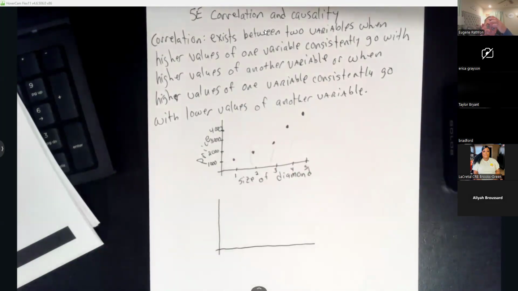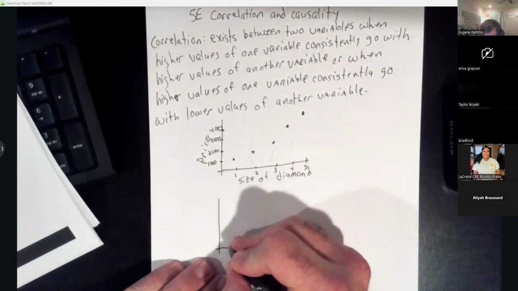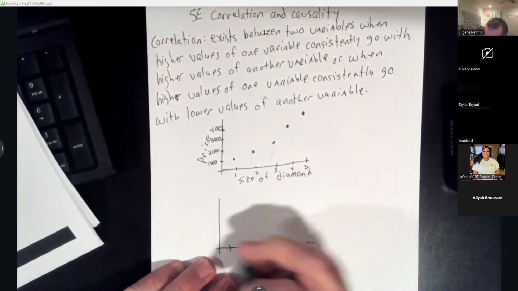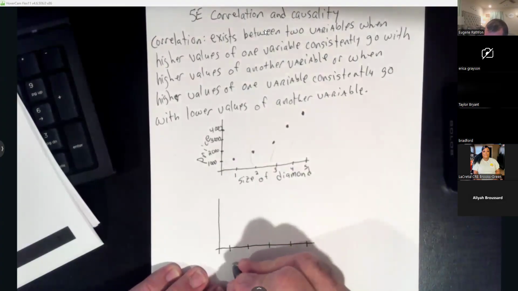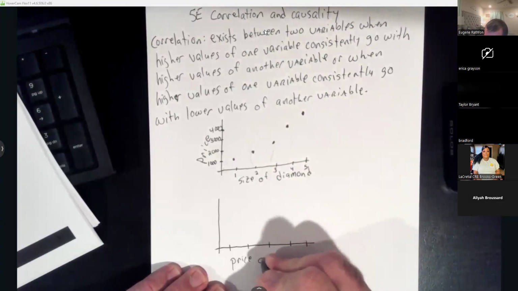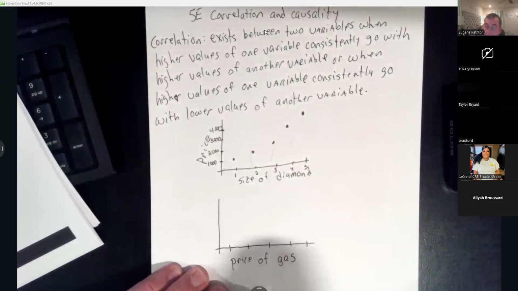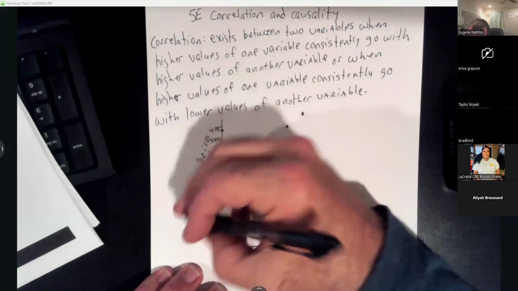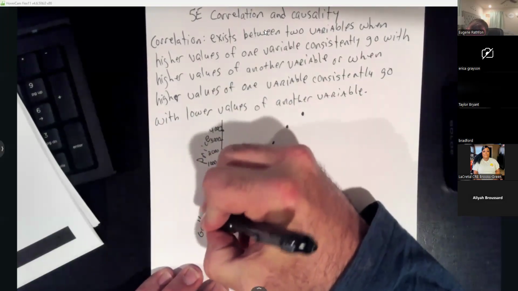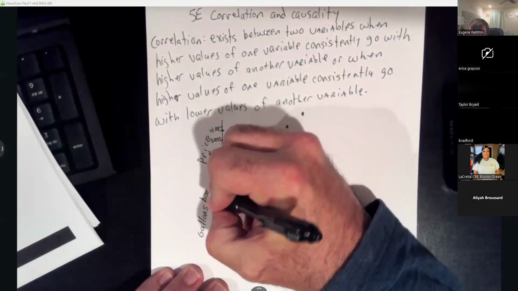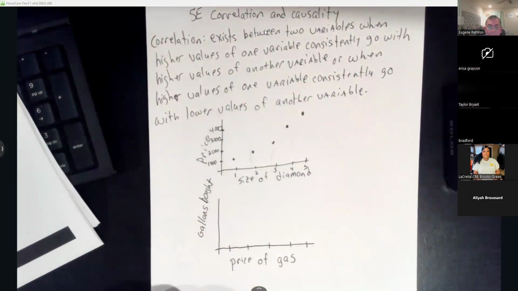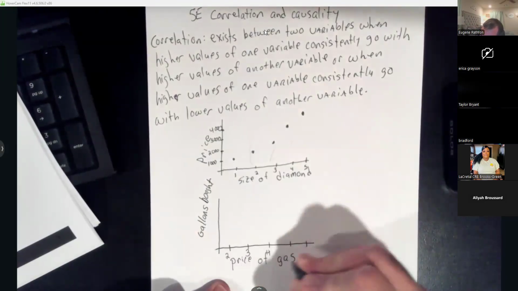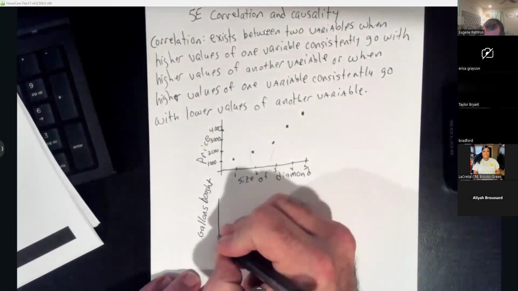All right, y'all. So let me think of one. Say this right here is the price of gas. And over here is how many gallons people buy. Okay, and we'll start this off, say at 2, 3, 4, 5, and 6.